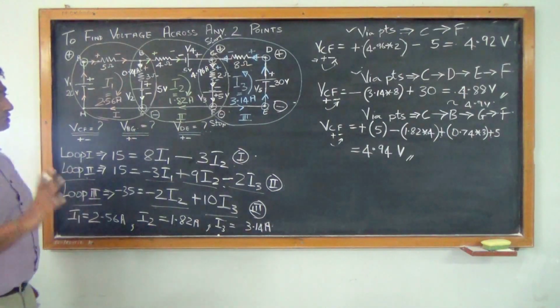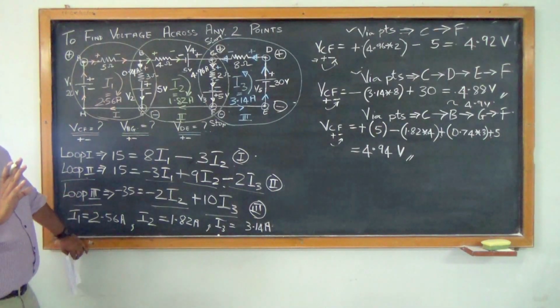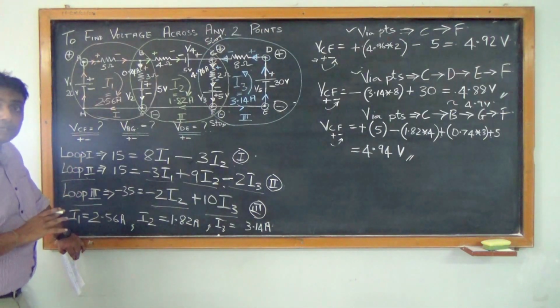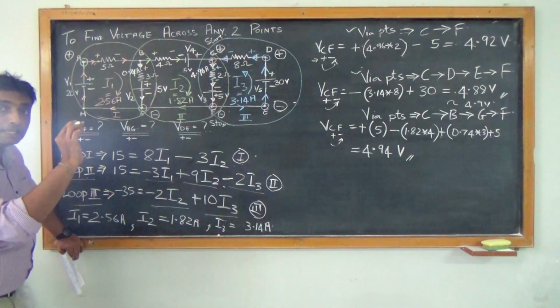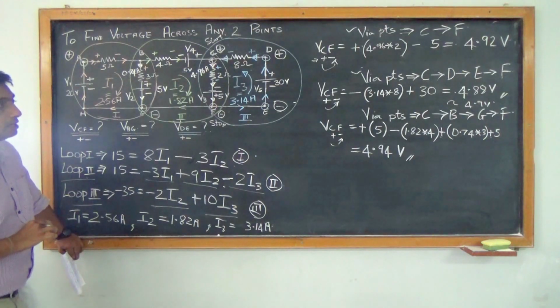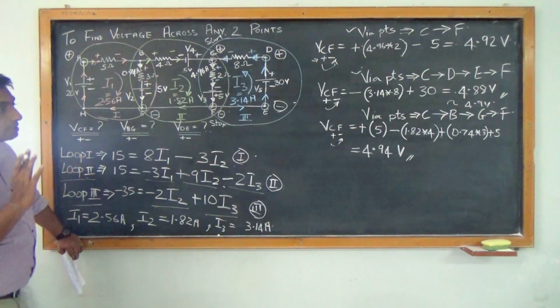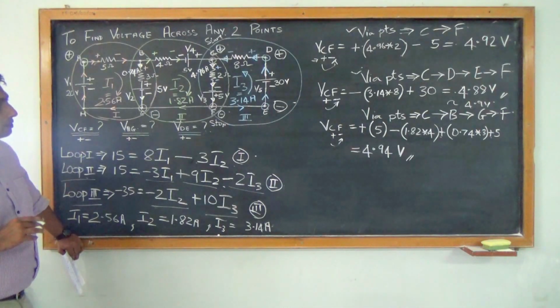So no matter which wire points we take, the value of the voltage will always remain the same. So with this technique, what we have developed, we can say that no matter which points we take, the final outcome will be the same voltage.